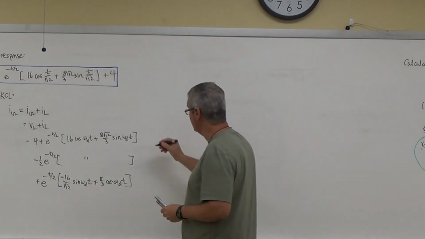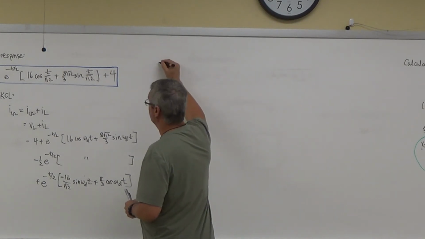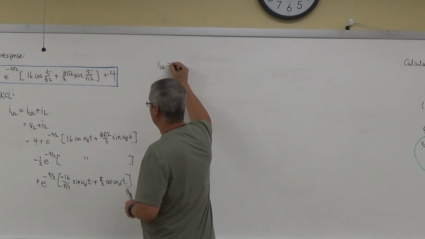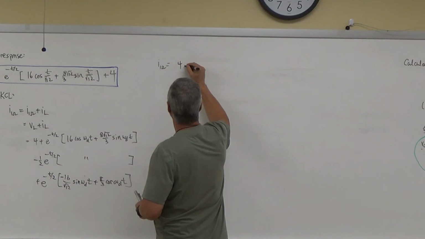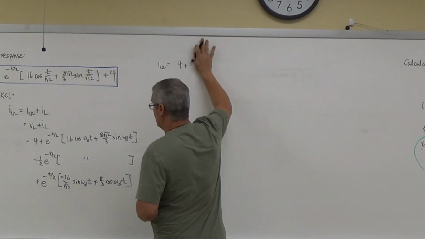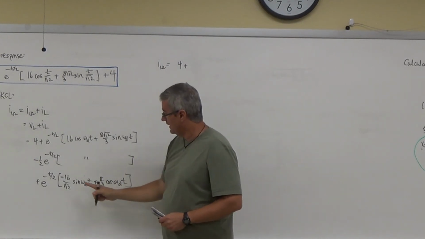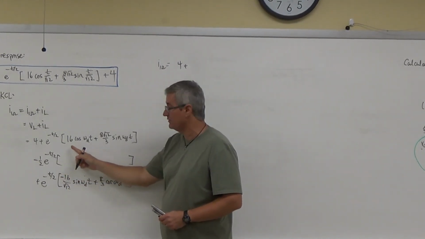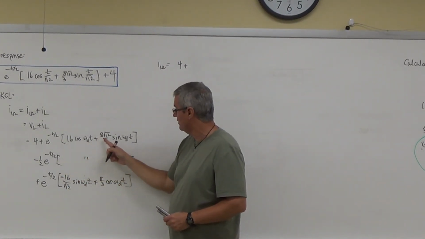if I combine these together here, I'm going to get I1 ohm is going to be 4 plus 1/2 e to the, can I bring in the 1/2? Look at that. If I add that and that, that's a half. So that half gives me 8, 4.